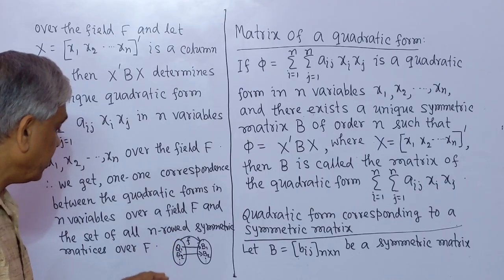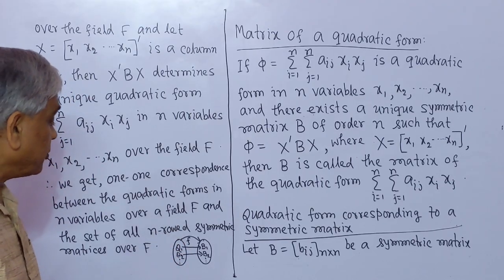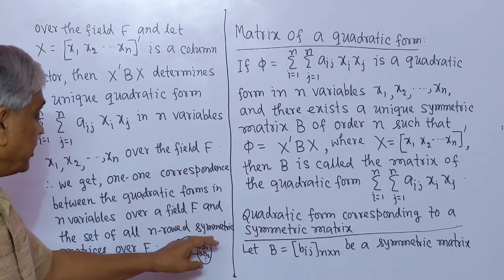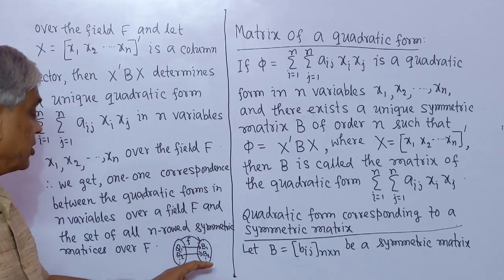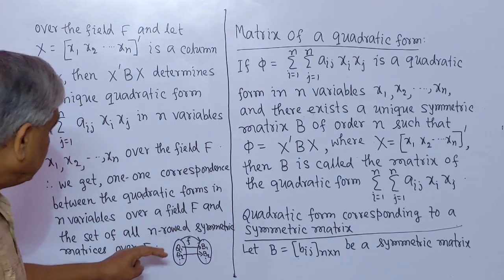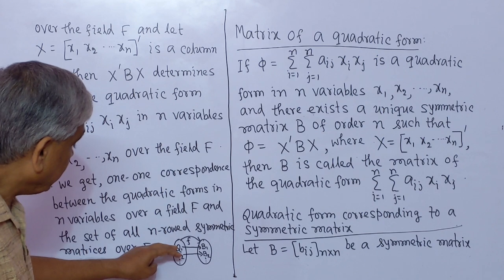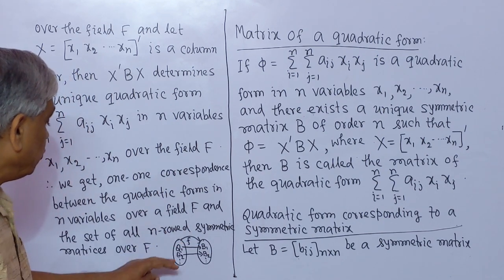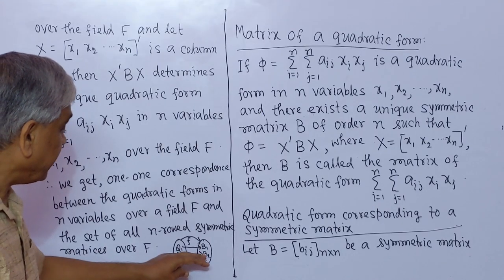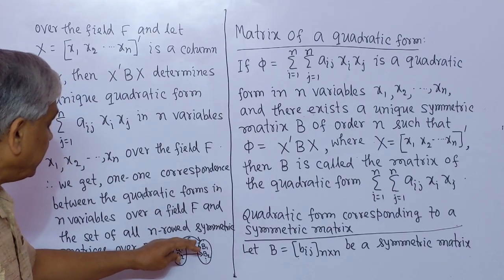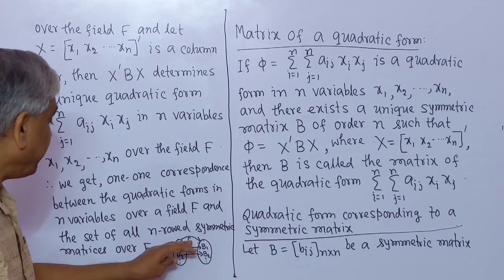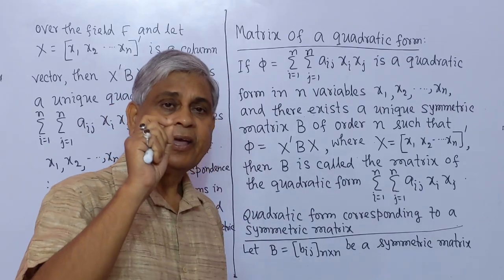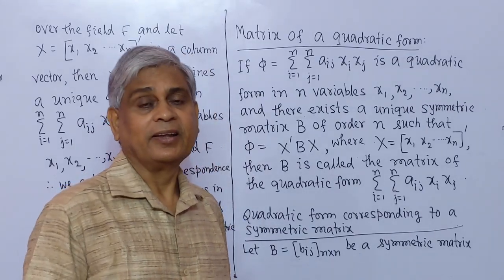The first set contains quadratic forms Q1, Q2, and the second set contains symmetric matrices B1, B2. Since Q1 corresponds to symmetric matrix B1 and Q2 corresponds to symmetric matrix B2, this function F is one-one onto, that is, F is a bijective function.